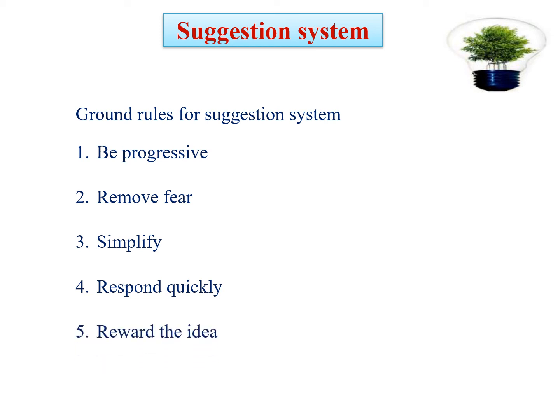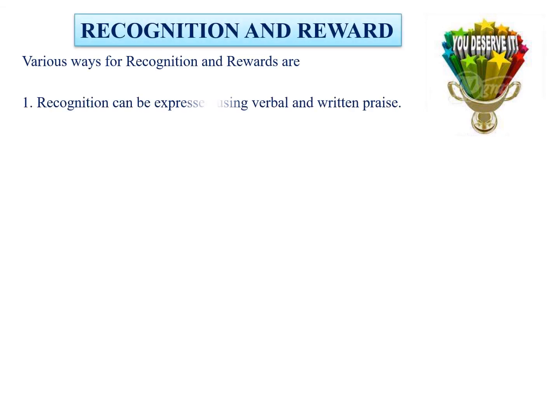Every individual is encouraged to participate, and it is required to simplify things such as paperwork, review and procedure. There is a need to respond quickly as timely decision is the requirement, otherwise it won't be beneficial. There is a need for reward in the idea that is developed so everyone feels their worth and contribution in an organization.